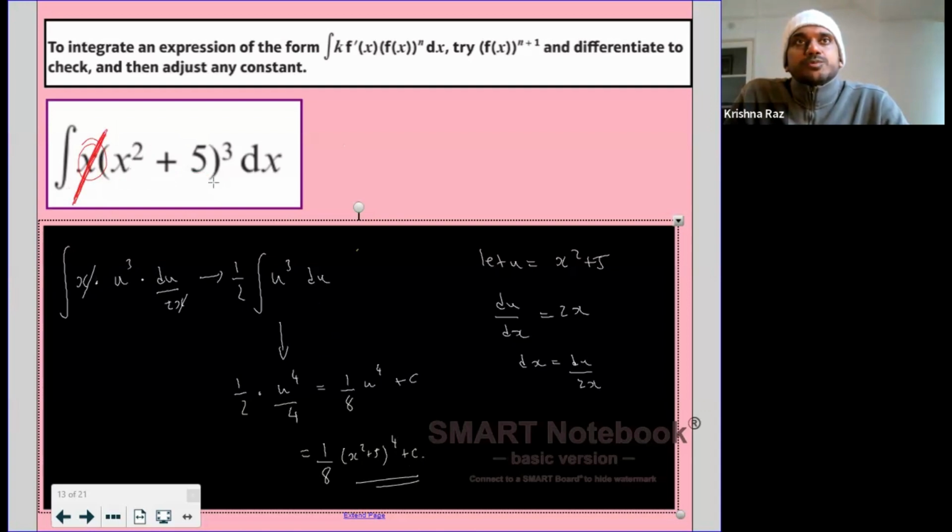So this will remain, the x cancelled, and then we're just going to integrate as usual and add 1 to that power and divide by the new power. But we had to factor in the constant. And that is the reverse chain rule.